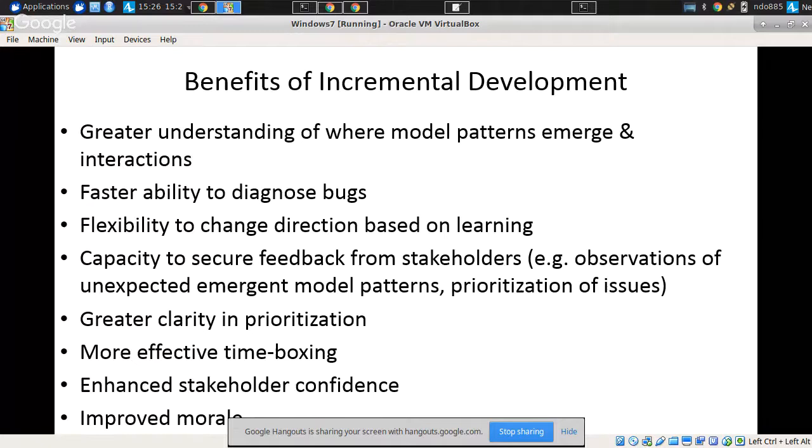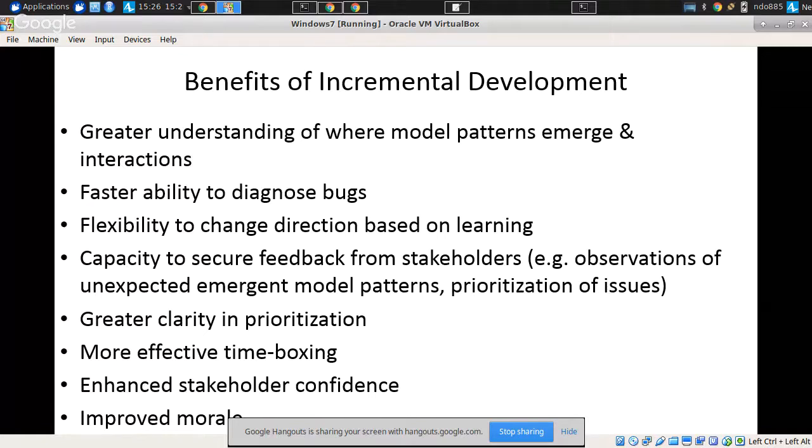It enhances stakeholder confidence. They actually see it coming along. Those of you in 371, you had those five incremental deliverables, right? You brought it to the stakeholder. The fact that they saw it coming along gave considerable encouragement to their sense of buy-in. With models, it's very important that most stakeholders not see it as a black box, but see it as something they have some interest in.